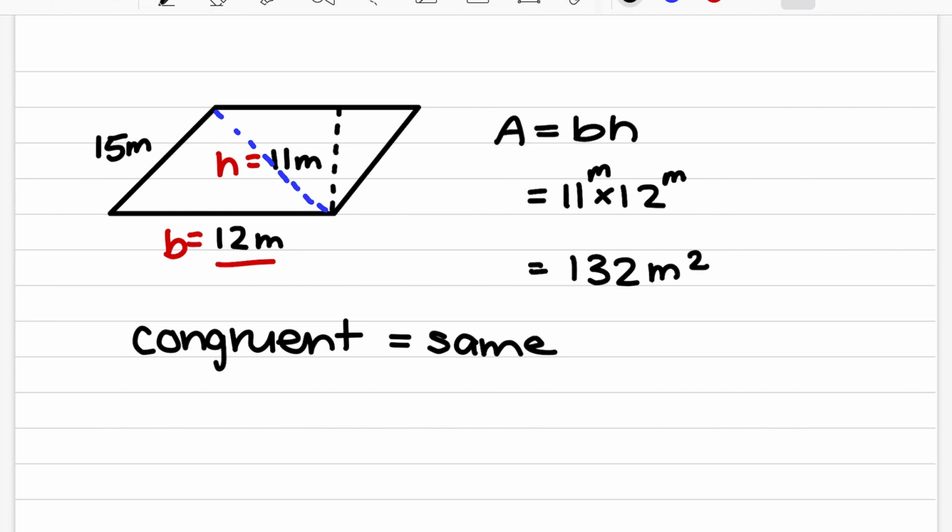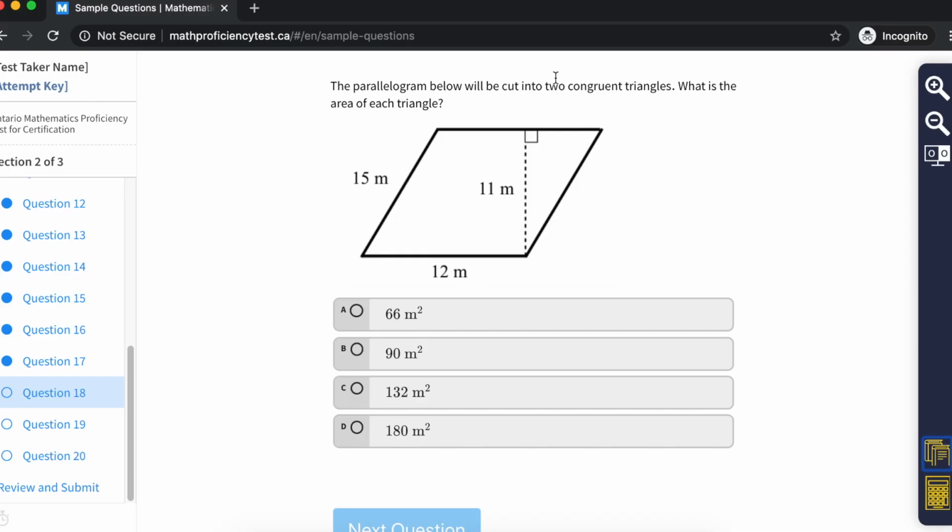So we need to know what is half the area of the total parallelogram. So we can multiply by 1 over 2, or the same thing as dividing by 2. And again, you can do that on a calculator if you need, to get 66 meters squared. And that's option A. Again, be careful, 132 is an option, but we need to know that it's two congruent triangles. We're only looking for the area of one.